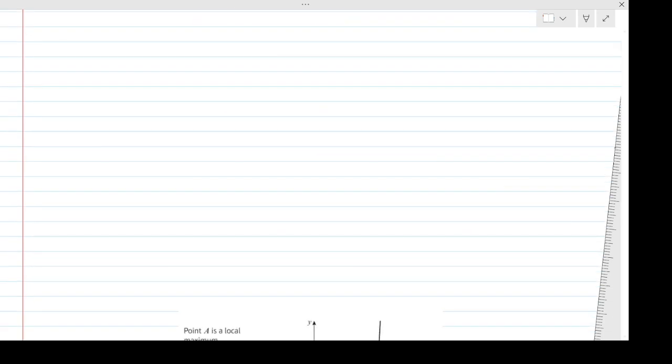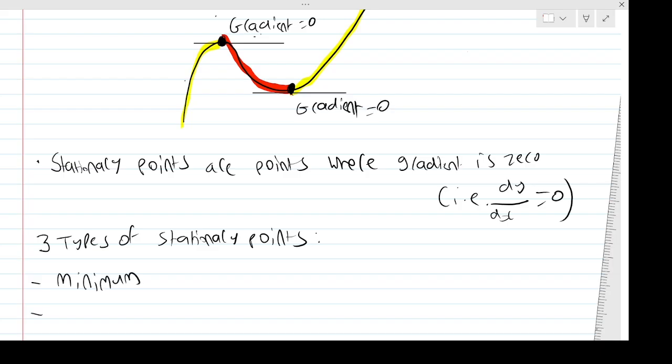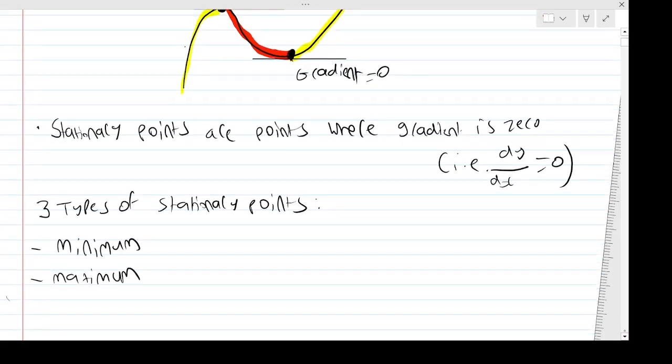Now there's obviously a bit more to this. There are 3 types of stationary points, which we will be examining. The first one is a minimum, a maximum, and something called a point of inflection.